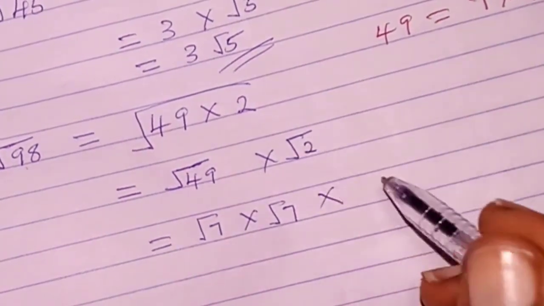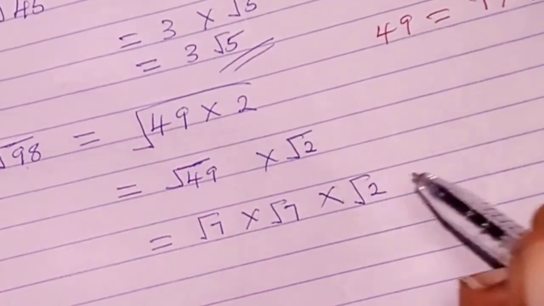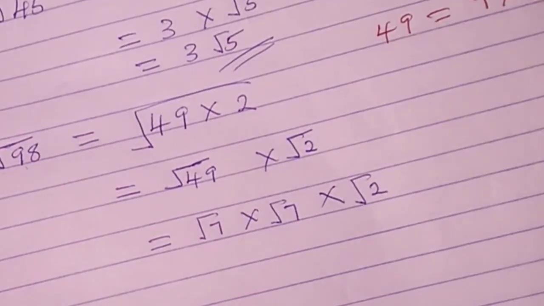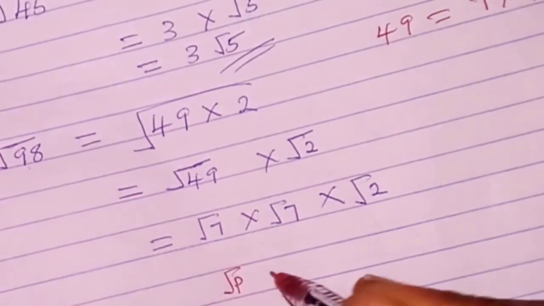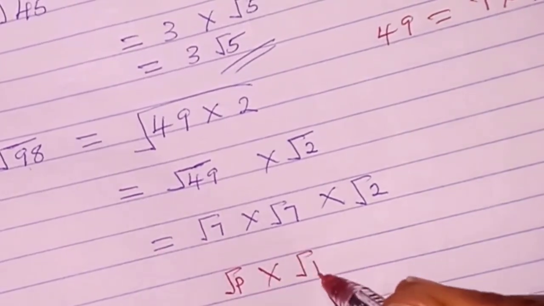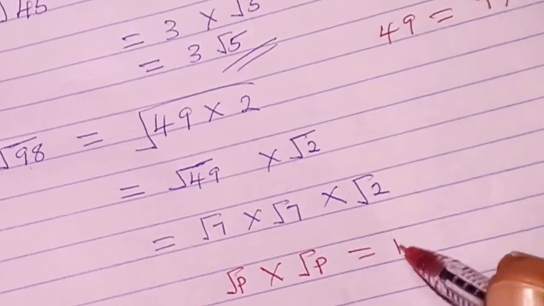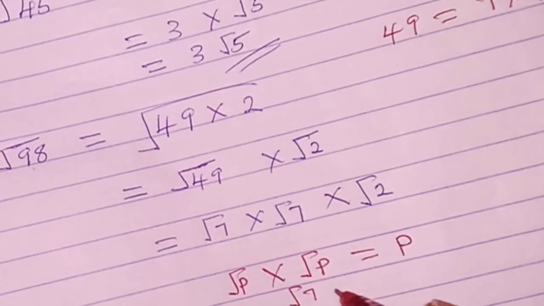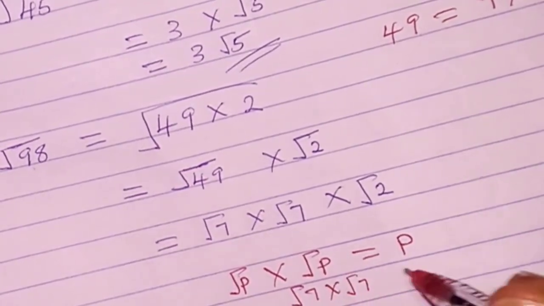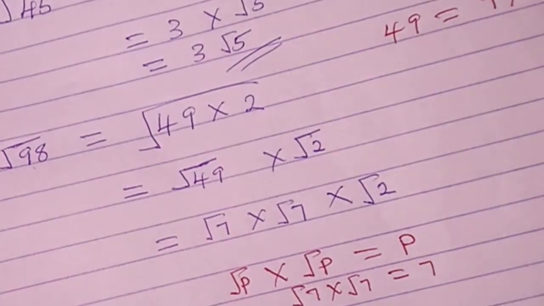So bring down my root 2. Now remember, one of the rules we looked at in our last lesson is that root p multiplied by root p gives us p. Hence, in this case, root 7 times root 7 gives us 7.